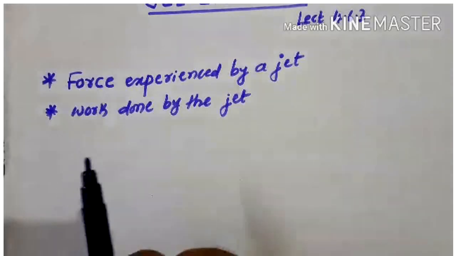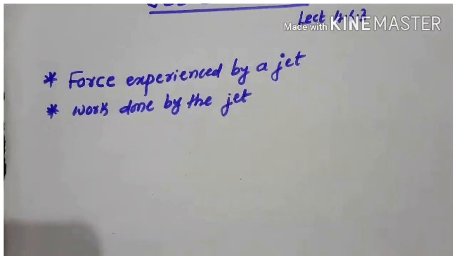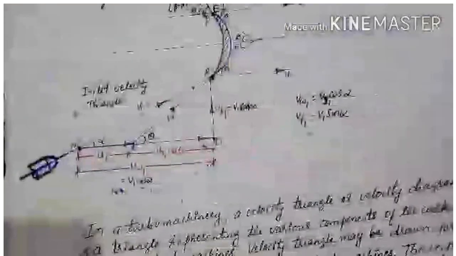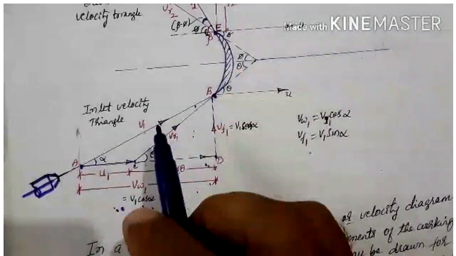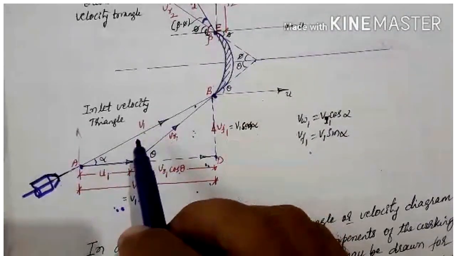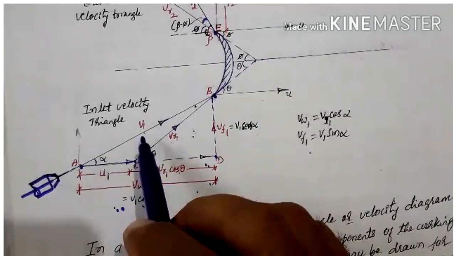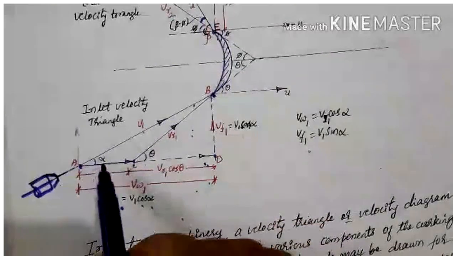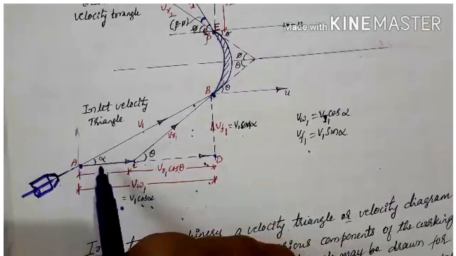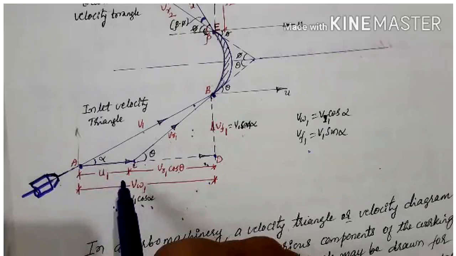In the inlet velocity triangle, you know the various components as explained earlier, where V1 represents the absolute velocity of the jet at inlet, and angle alpha is the angle made by V1, called the guide blade angle, or the angle at which the jet enters the vane.